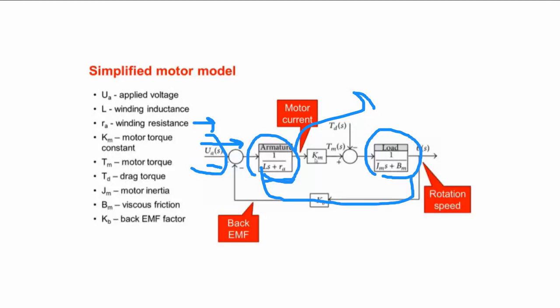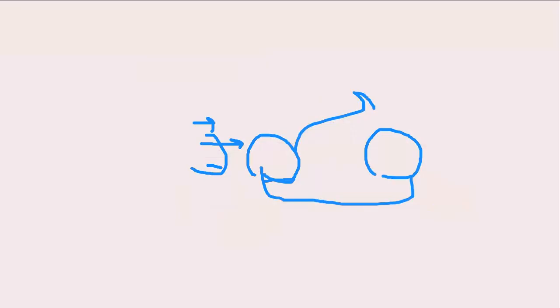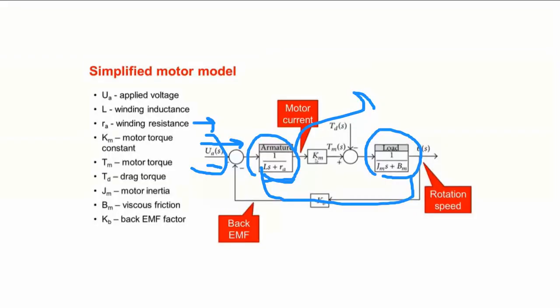For example, your speed reference is 500 RPM. Motor starts up from zero speed, 0 RPM. Firstly, in 0.5 seconds from 0 to 600, and then it will settle down to 500 RPM.